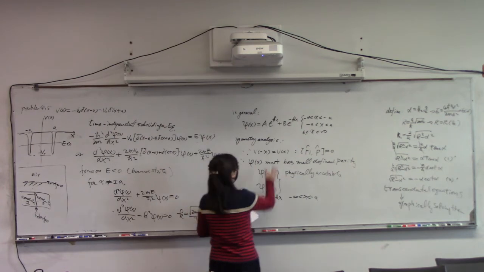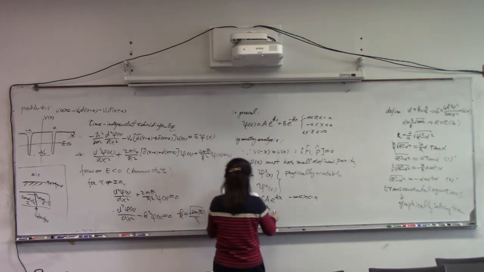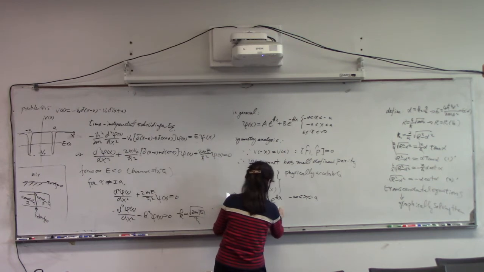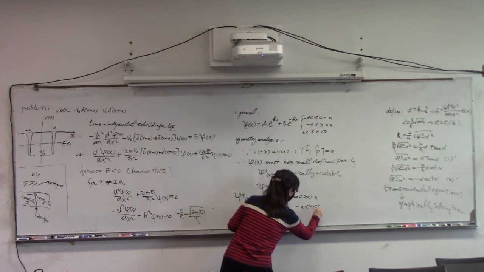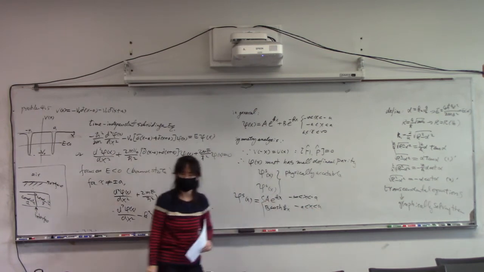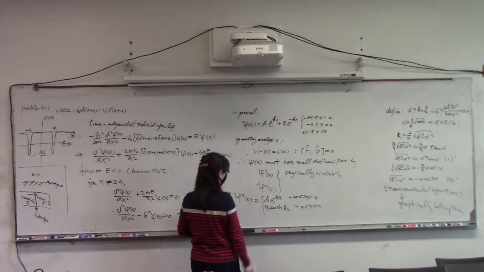Then we can write this linear combination as a hyperbolic cosine, B cosh(kx), right? Again, I didn't use equal here. Of course, we need to set equal when requiring these functions to be continuous.